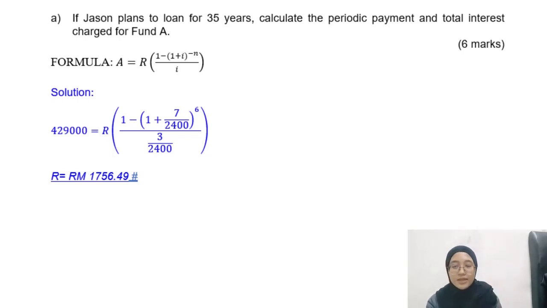The cost of the house minus the down payment gives 425,000 ringgit. For the periodic payment, you can use the formula: 425,000 equals R times [1 minus (1 plus 0.035/12) to the power of minus 420], divided by 0.035/12. Then you solve all that, and R will be 1,756.48 ringgit.